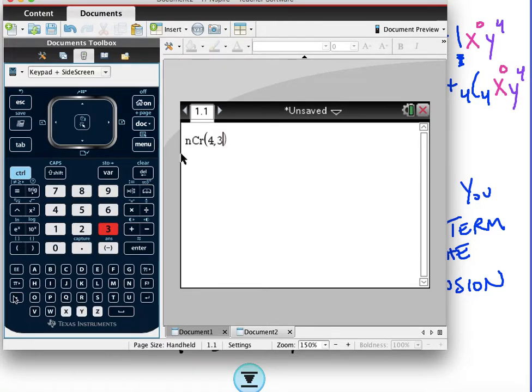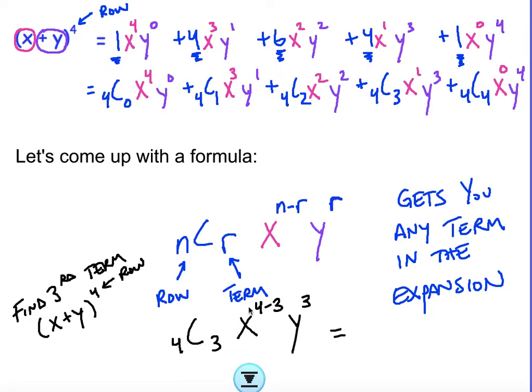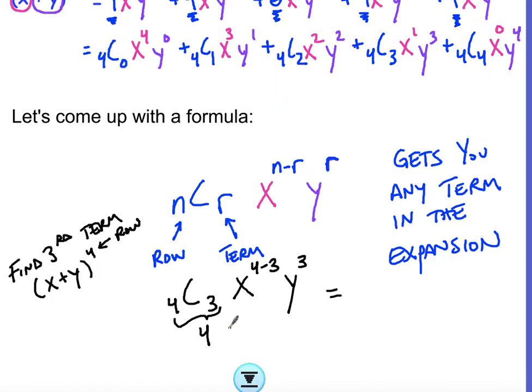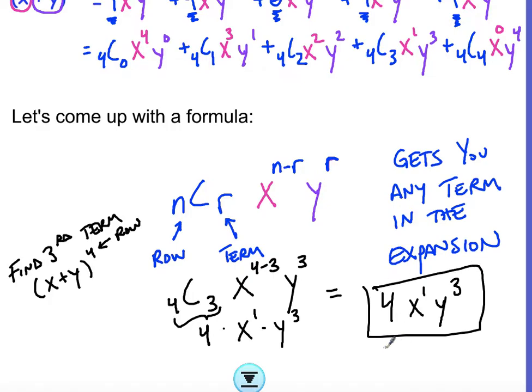The comma was down here below the pi symbol, just FYI. Okay, and then when I hit enter, I get a 4. 4 choose 3 is 4. So going back here, this is equal to 4. And then I have an x to the first and I have a y to the third. So this right here is the third term.